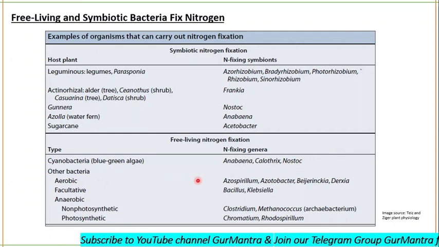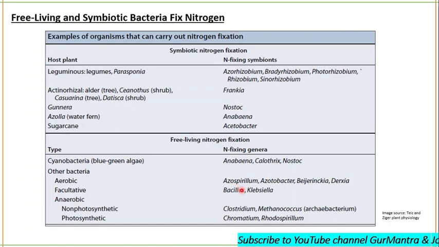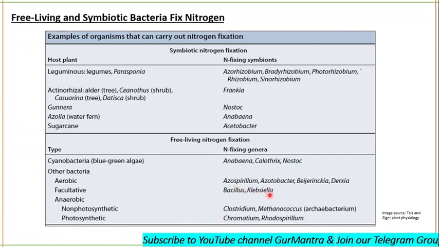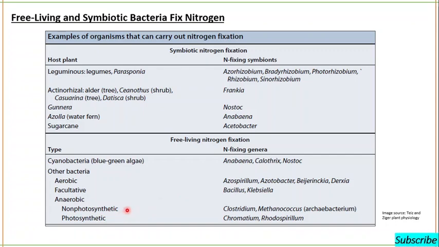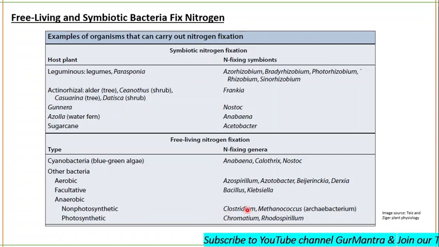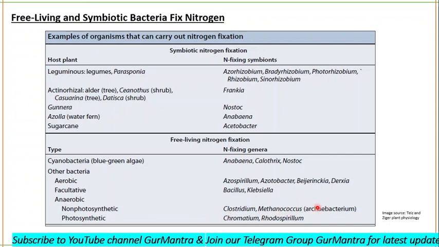Aerobic bacteria like Azospirillum, Azotobacter, Beijerinckia, Derxia, and facultative ones like Bacillus and Klebsiella are also free-living nitrogen fixers. Then anaerobic, non-photosynthetic, which means chemotrophs: Clostridium and Methanococcus, which is an archaebacterium.